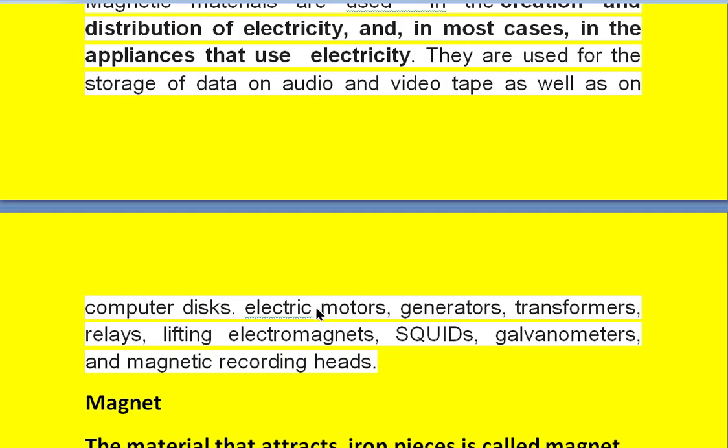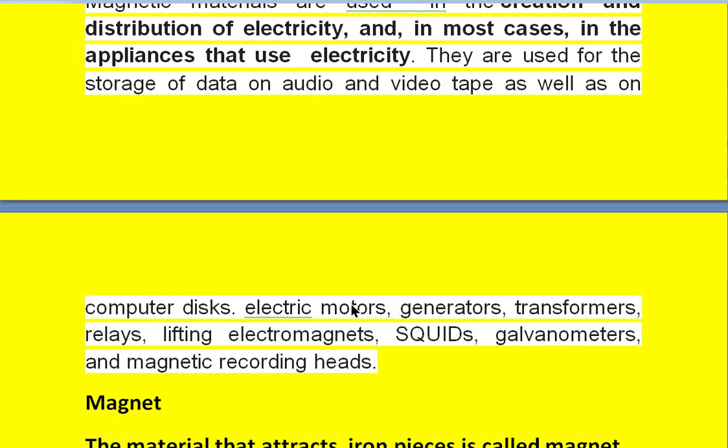Suppose a motor or generator is taken into account. In these two devices, the common things are flux, current, and motion. In case of a generator, the conductor will be rotating in a magnetic field so that voltage is generated in the conductor.